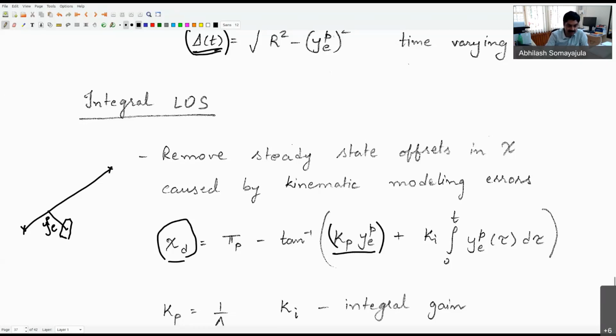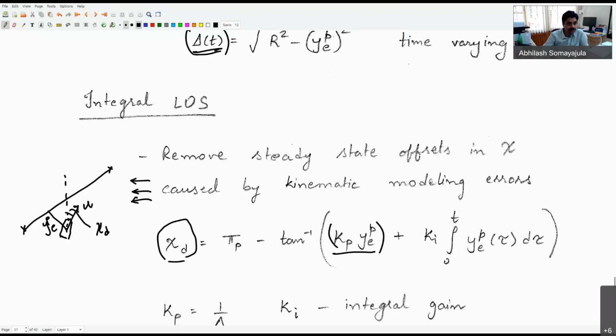That means I want to look at the velocity vector of my craft and how I should orient it with respect to the north. That is my chi desired. Okay, but suppose that there is a strong wind blowing from the right to the left, in this way.